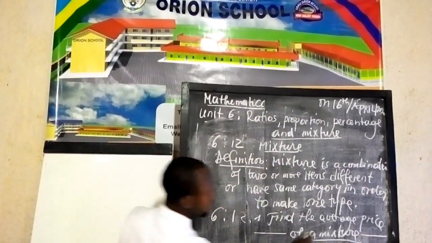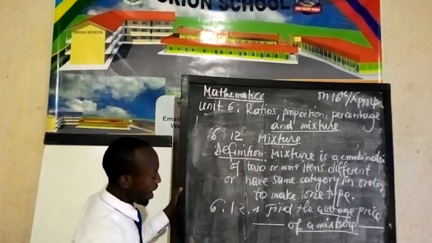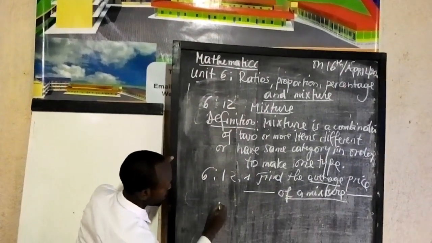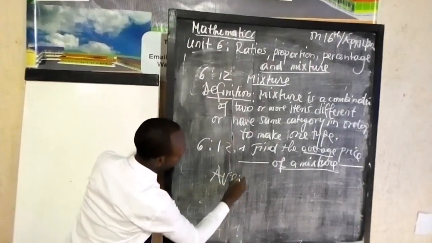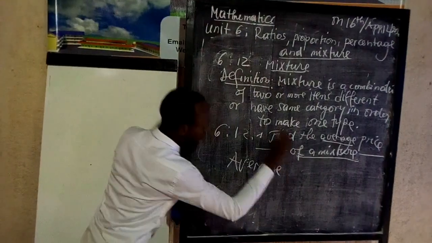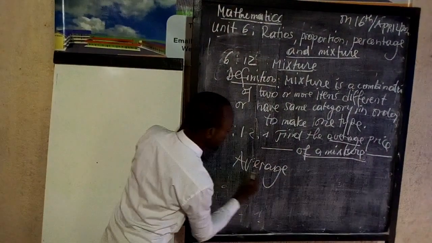So how can you talk about an average? Here we are first going to define how we can find an average of items.